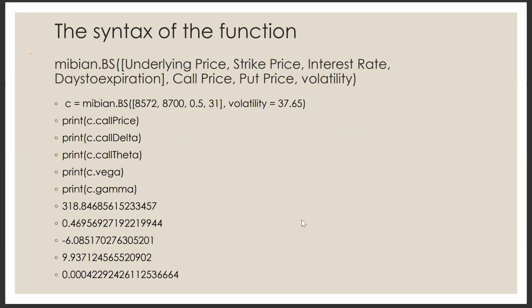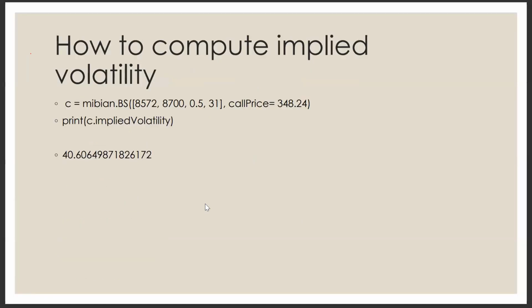Okay, so you see that using the model we can compute all these delta, vega, gamma. It's called sensitivity, yes, and we can find implied volatility.